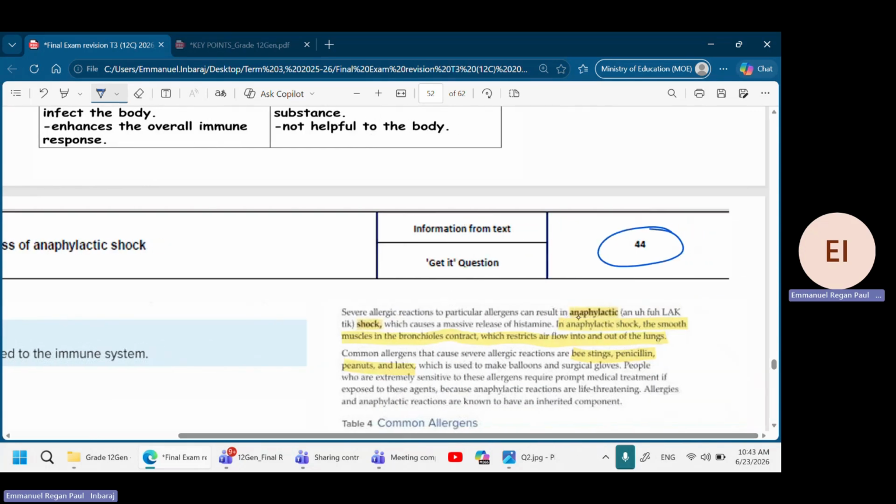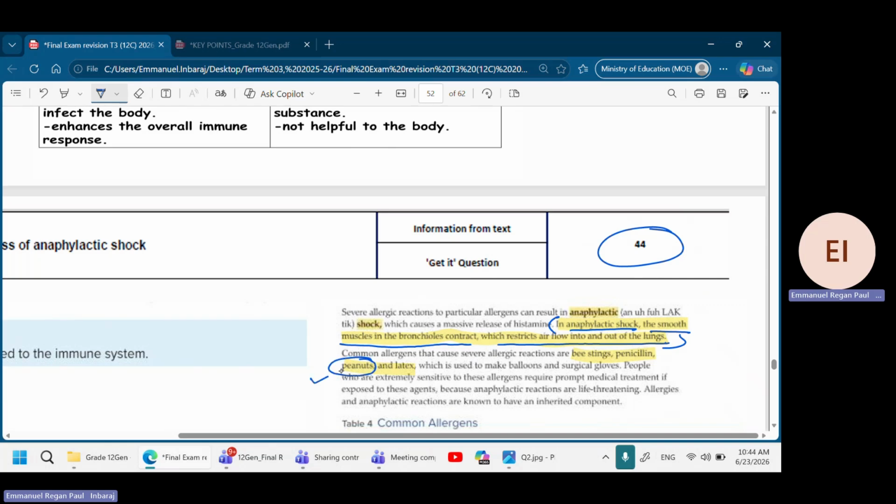What is anaphylactic shock? In anaphylactic shock, the smooth muscle in the bronchioles, that means the lungs, contract, which restricts the airflow into and out of the lungs. Anaphylactic shock is mainly caused because of peanuts.